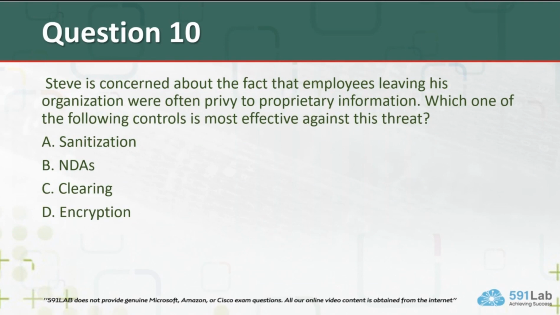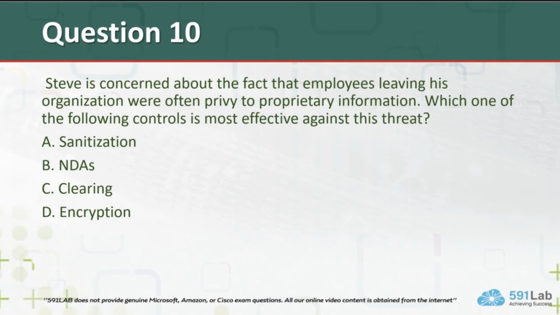Next question. Steve is concerned about the fact that employees leaving his organization were often privy to proprietary information. Which one of the following controls is most effective against this threat? Is it sanitization? Is it non-disclosure agreement? Is it clearing? Is it encryption?